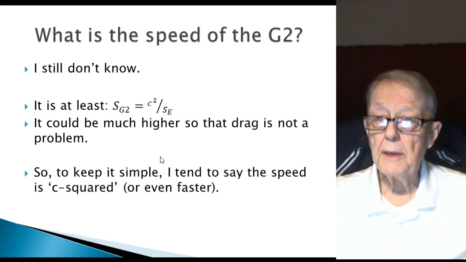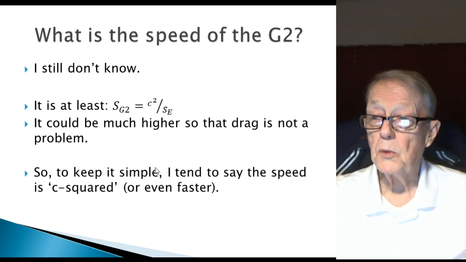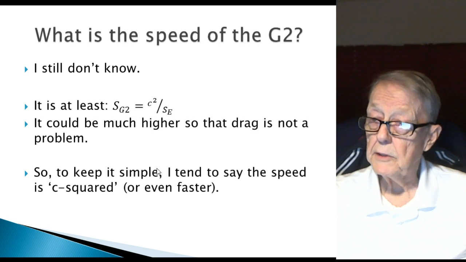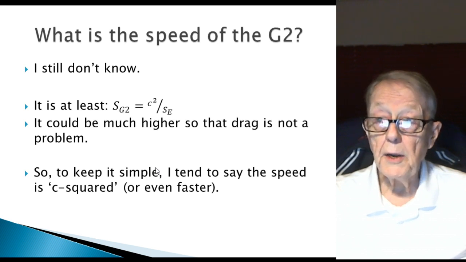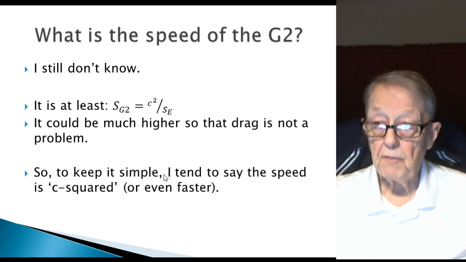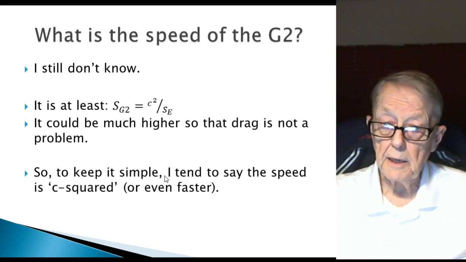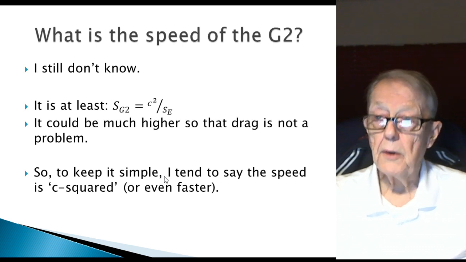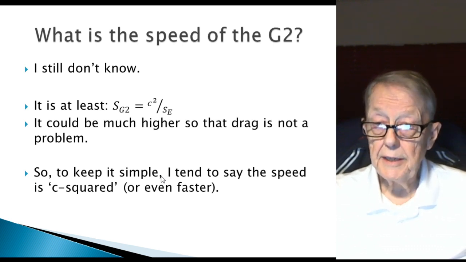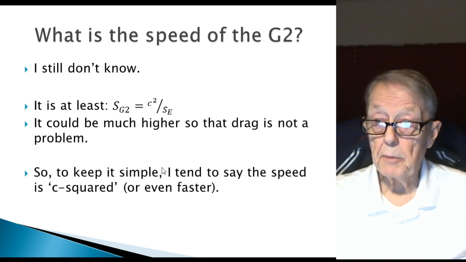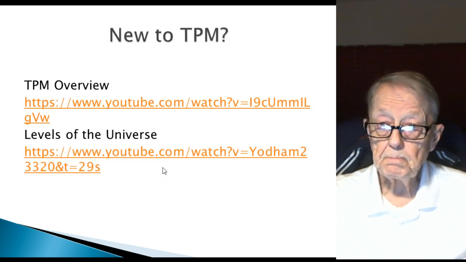Can't really pin it down. It becomes a simple phrase to say, but the fact is I don't know what the speed of the G2 particle is. One of the things I do know is that it must be faster than the speed of light, and very much faster than the speed of light. And the term c squared at least gives the impression of a very high speed.